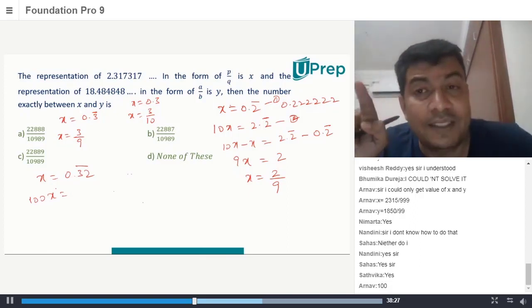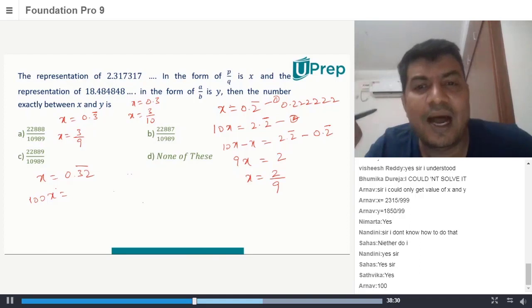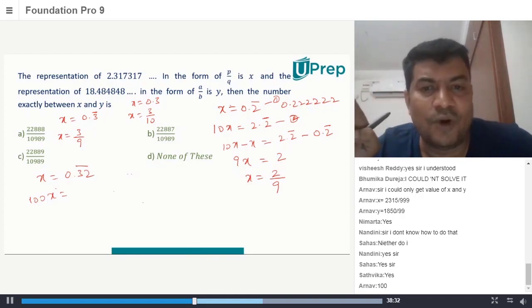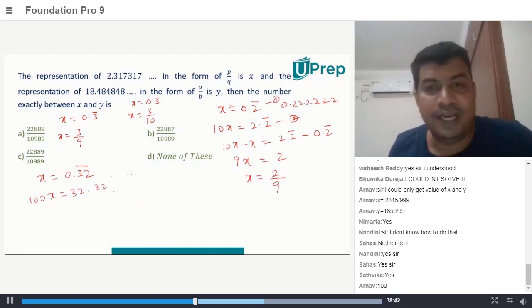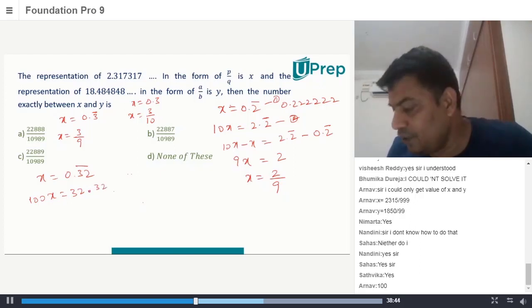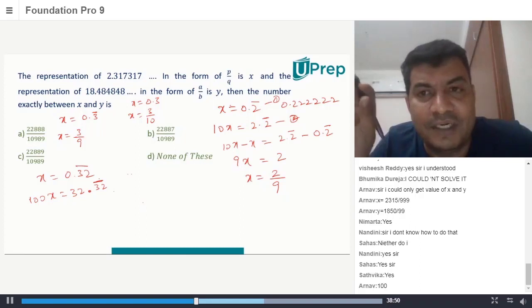Because after the point there are two numbers which have a bar. So 100x is equal to 32.32 bar. Now I am making both numbers after the point the same.